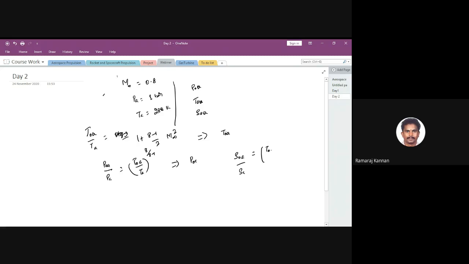ρ0A by ρA is going to be T0A by TA to the power 1 by gamma minus 1.